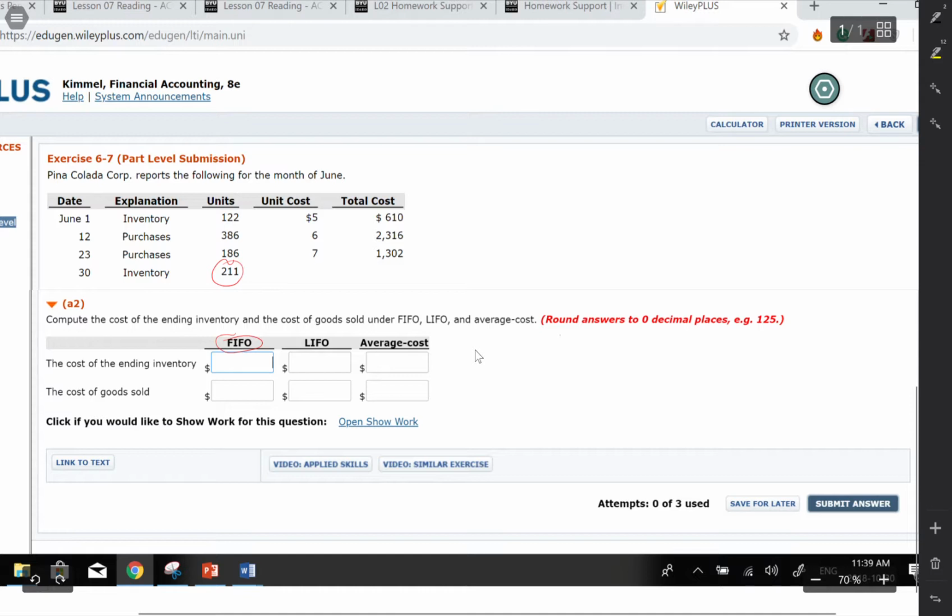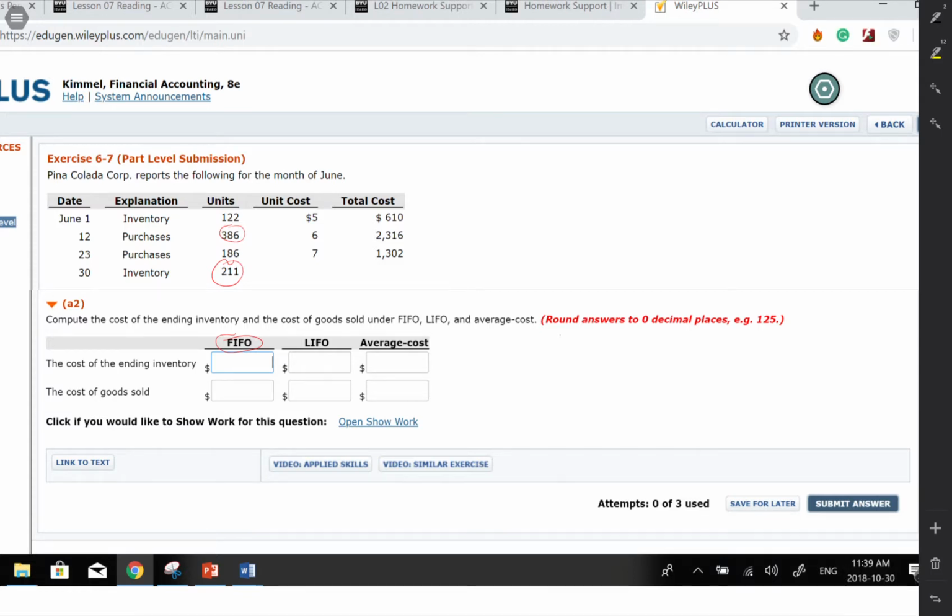It will completely utilize the 186 units purchased on June 23rd at $7 a unit, which totals $1,302, and 25 units out of the units purchased on June the 12th.